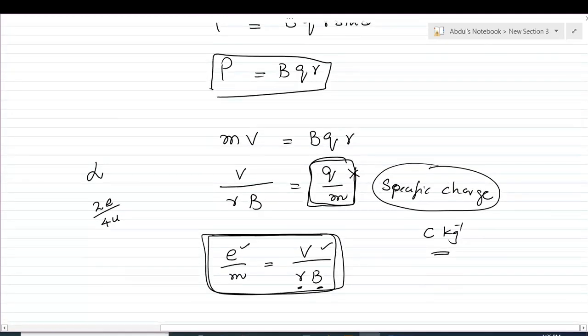So according to the equation, momentum P is equal to BQR, so MV is equal to BQR.